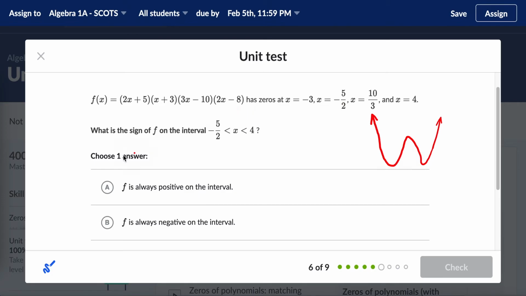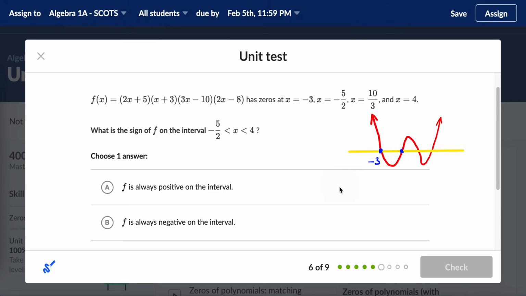We're told it actually has 4 zeros, so we can draw our line straight through all of these. So this is our x-axis right here, okay? And now we can start looking at those zeros. So the zeros in order, this is -3, so this is going to be the lowest one. So this one here is -3. This one here is -5/2.